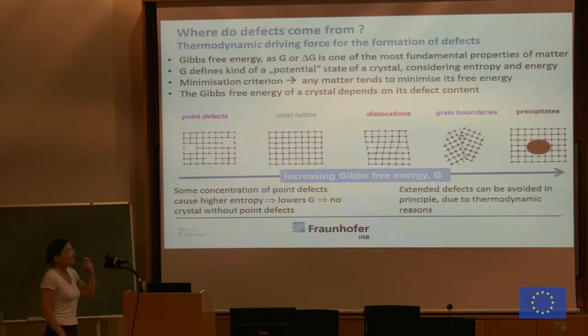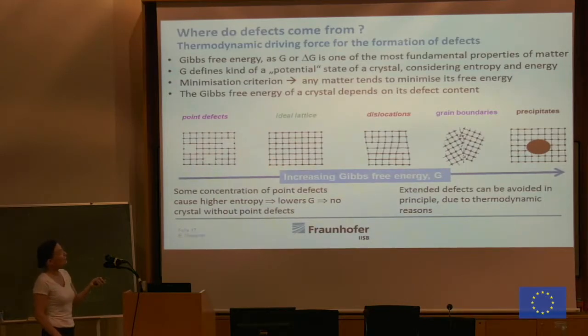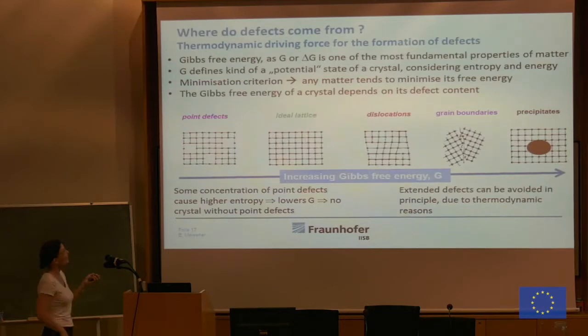So what causes a dislocation or a defect in a crystal? And now we come back to the Gibbs free energy, which is maybe one of the most fundamental properties in crystalline matter or even in solid matter, which can be expressed as G or delta G. So you can observe deviations or you can observe an absolute value.